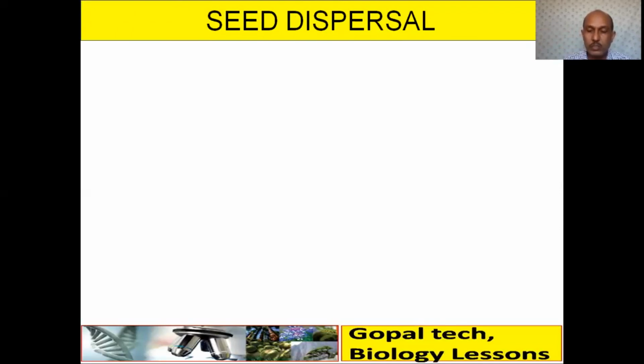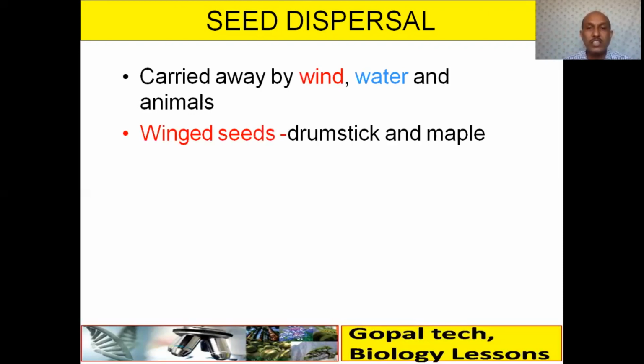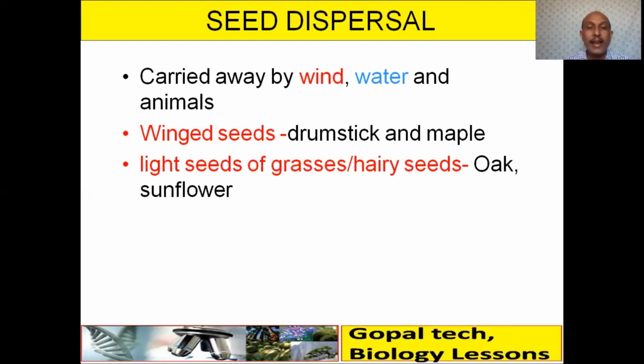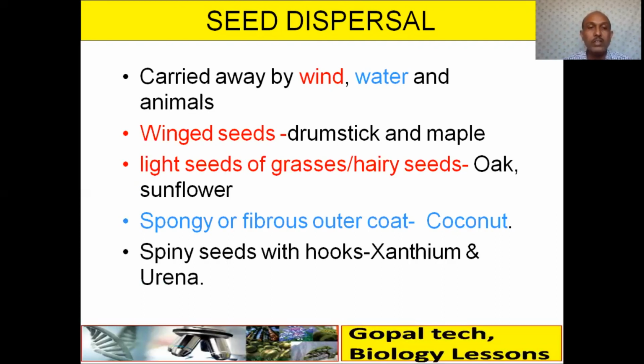Now, seed dispersion. 8th class में आपने पढ़ा है, carried away by wind, water or animals. Winged seeds जैसे कि drumstick और maple है. Light seeds of grassy or hairy seeds like oak or sunflower. Spongy or fibrous seed, that is coconut, transferred by water. Spiny seeds with hooks, xanthium and urena, transferred by animals.